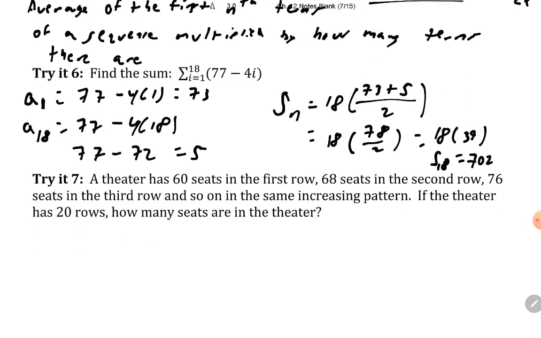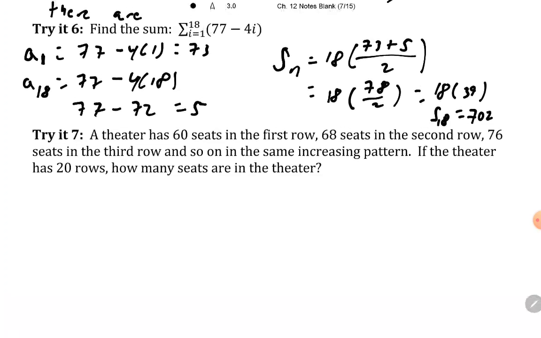A theater has 60 seats in the first row, 68 seats in the second row, 76 seats in the third row, and so on in the same increasing pattern. If the theater has 20 rows, how many seats are in the theater? So we can tell our ticket guy how many tickets to print out.